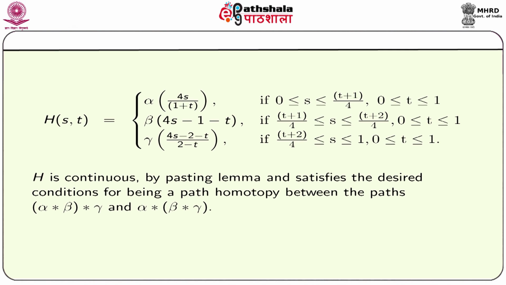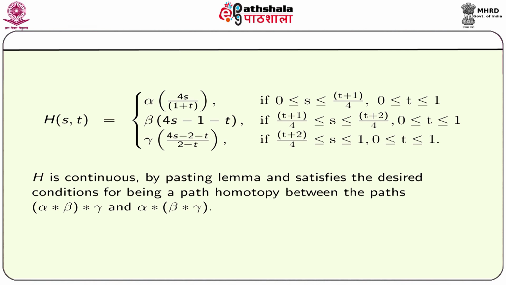That means, if I put s equal to (t+1)/4 in the first equation, then the value of alpha at 1 will coincide with beta at 0, and similarly for the other parts. So, using the pasting lemma we have H is continuous.